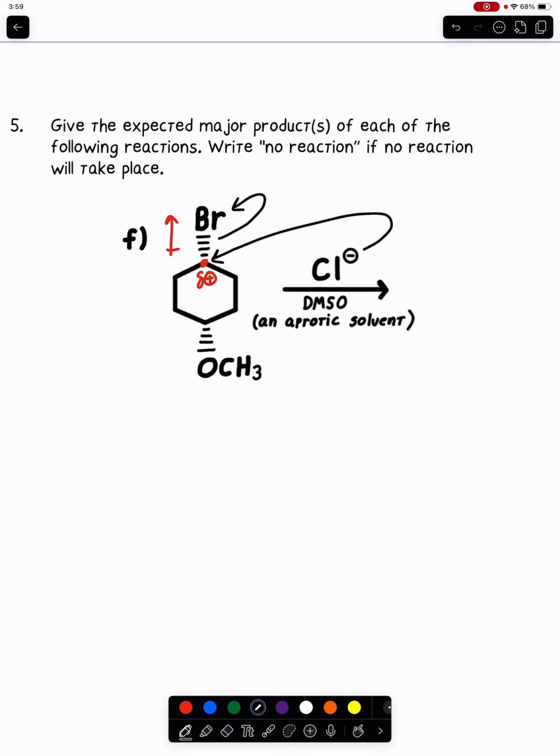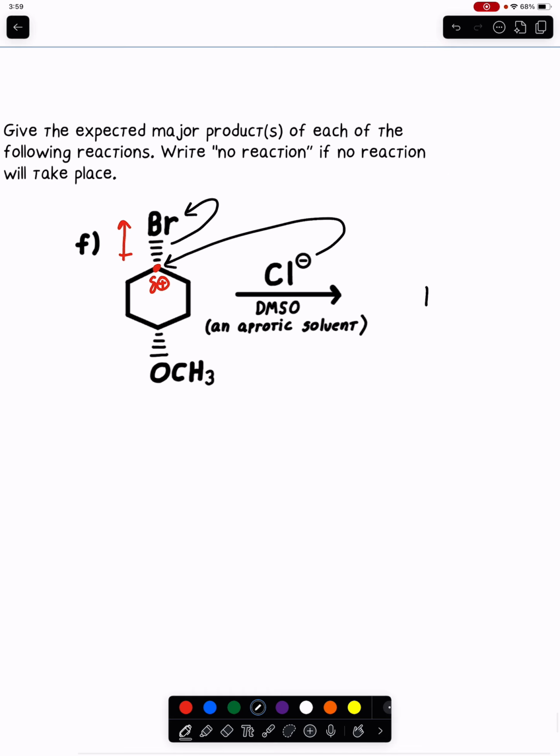All right, so we can't just simply go ahead and put the product here because there's some stereochemistry involved in this example. Because this methoxy group, it is on this side of the ring. So right now I have it on a dash, which means it's going into the paper.